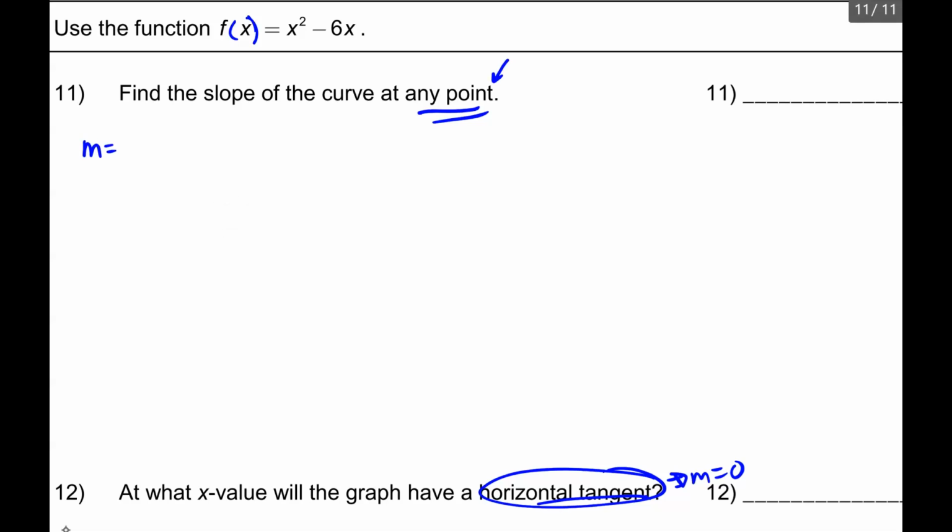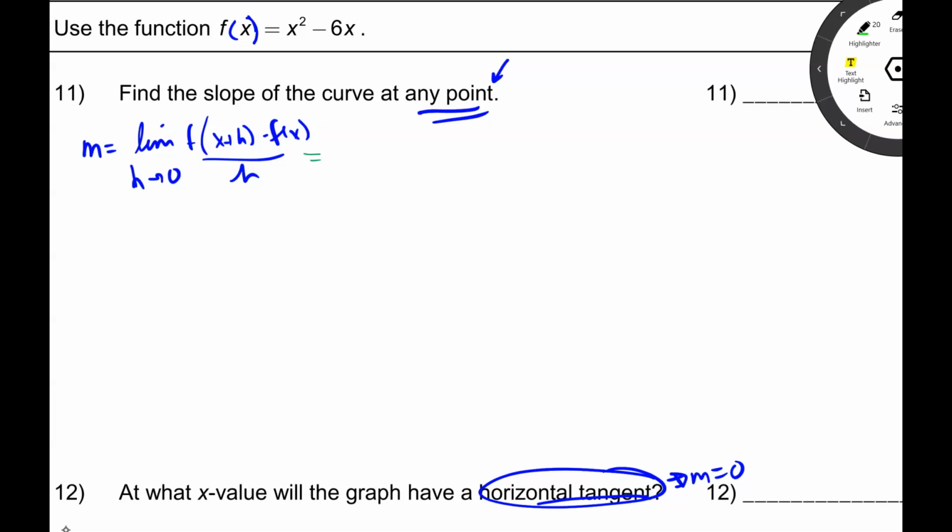So we have to use the tangent approximation, which uses the limit as h goes to 0. So we have f of x plus h minus f of x all over h.